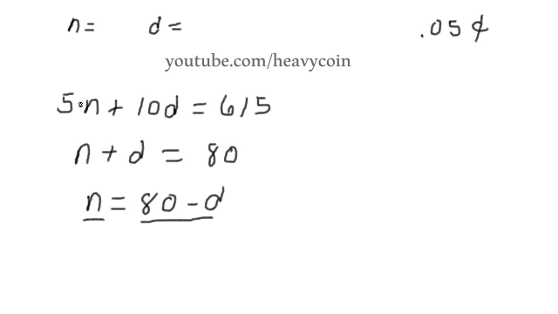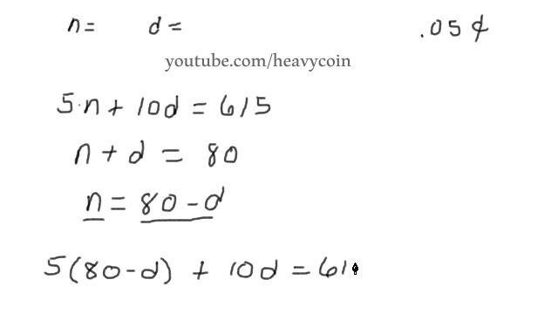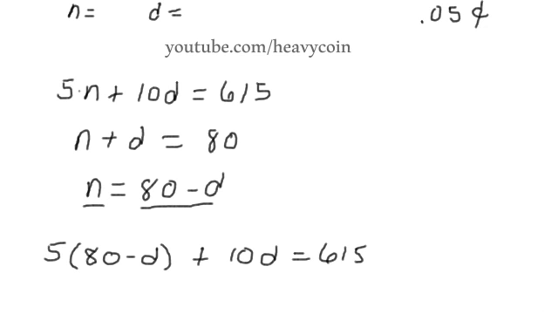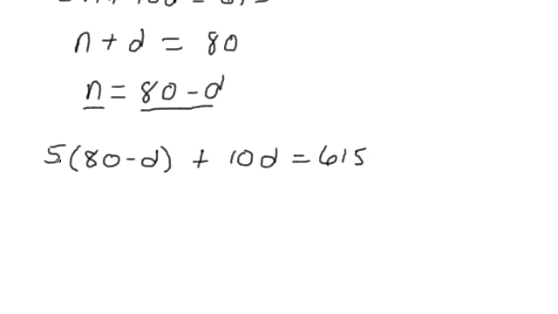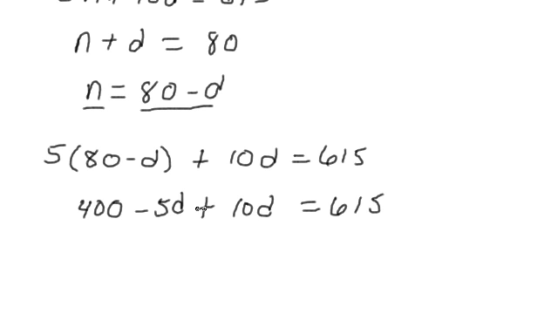It's 80 minus d. So I'm going to substitute n with 80 minus d, and we have 5 times (80 minus d) plus 10d is equal to 615. Now we solve for d in this equation. 5 times 80 is 400, minus 5d plus 10d equals 615.